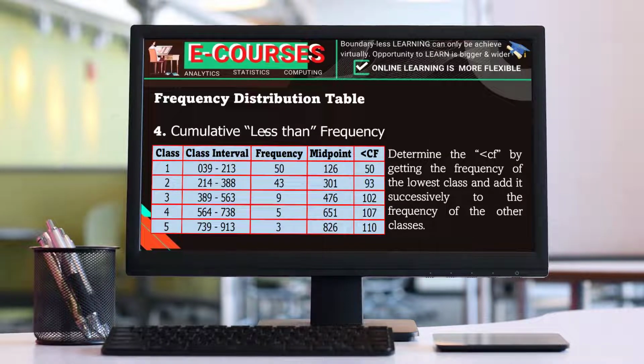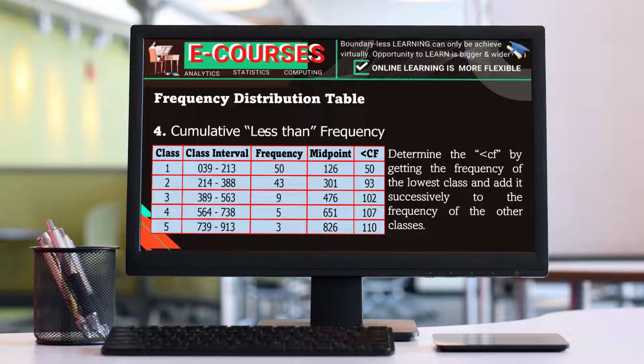The fourth component is the cumulative frequency. We will need to calculate first the less than cumulative frequency. Determine the cumulative frequency by getting the frequency of the lower class and adding it successively to the frequency of the other classes. Remember, in class 1, the minimum value is 39.